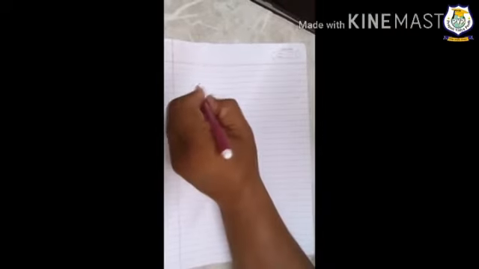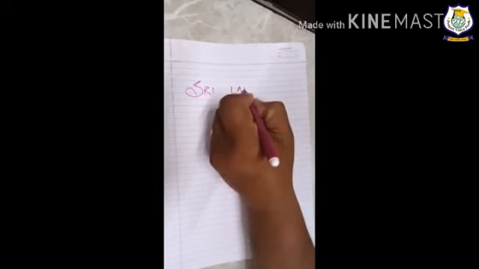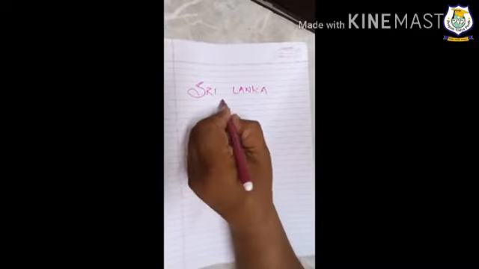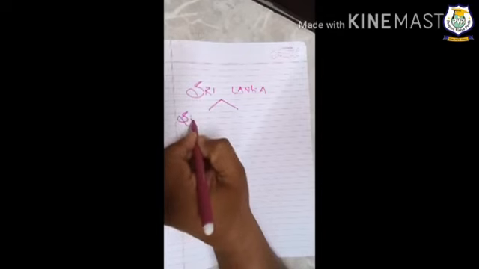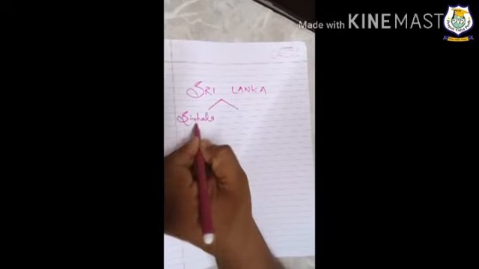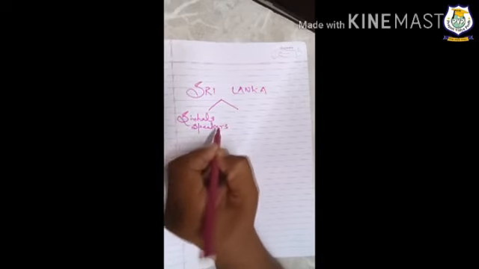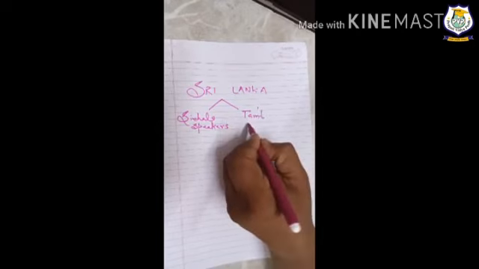Let's take another example of an island nation, Sri Lanka. Here we have two ethnic communities. One is Sinhala speakers, and another one Tamil speakers.